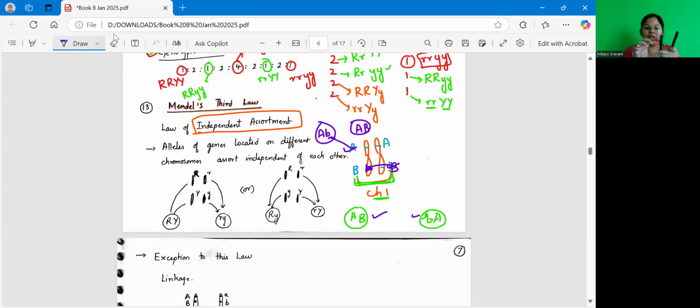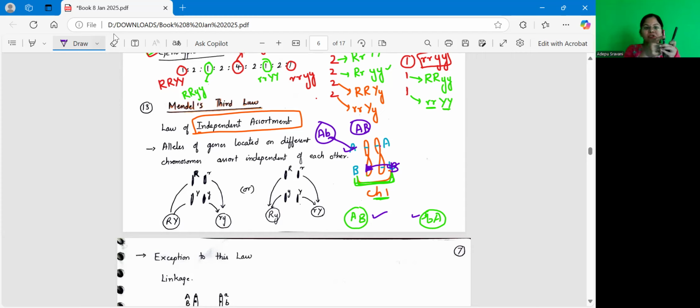Now here we need not have only two; we can have several genes. When the exchange of genetic material has not taken place, all the genes will go to one gamete at a time. On the other hand, if recombination takes place, this gene, which was actually present in this chromosome, has come to this chromosome.